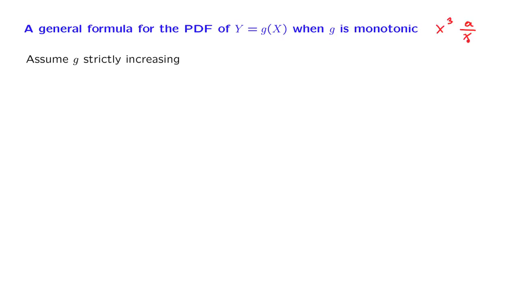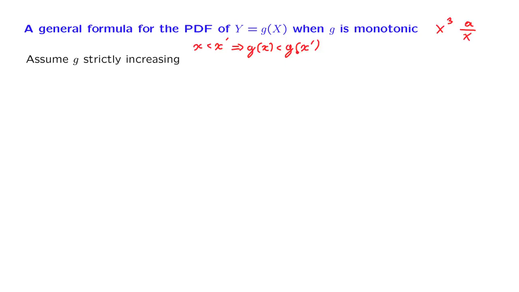So let us assume that g is a strictly increasing function, and what that means is that if x is a number smaller than some other number x prime, the value of g of x is going to be smaller than the value of g of x prime. So when you increase the argument, the value of the function increases.